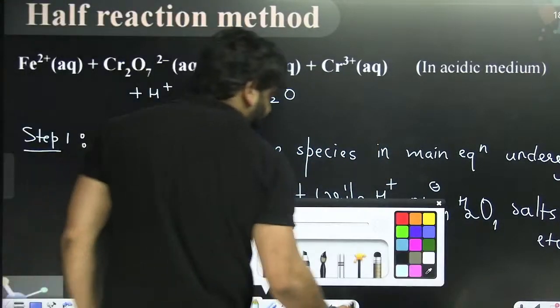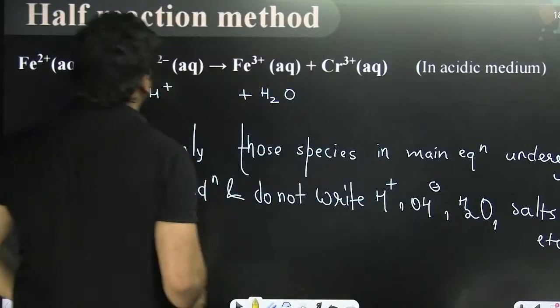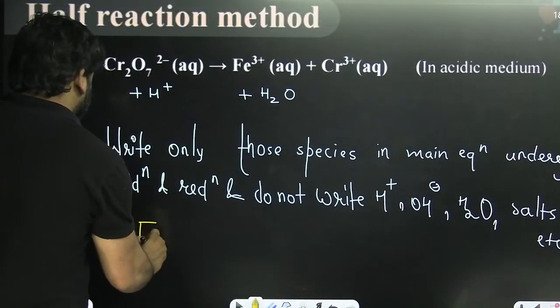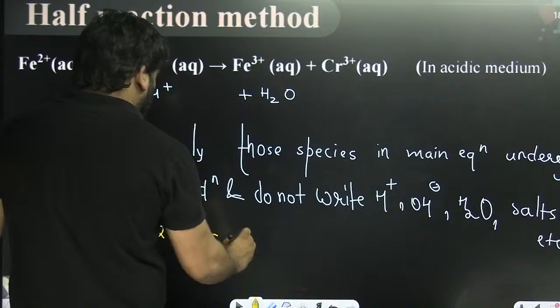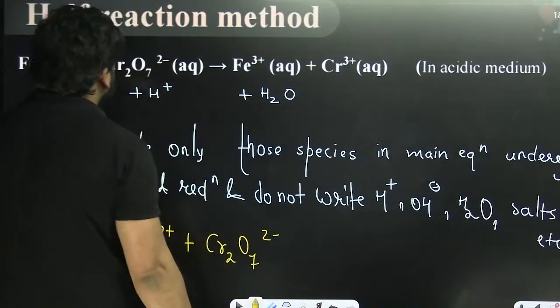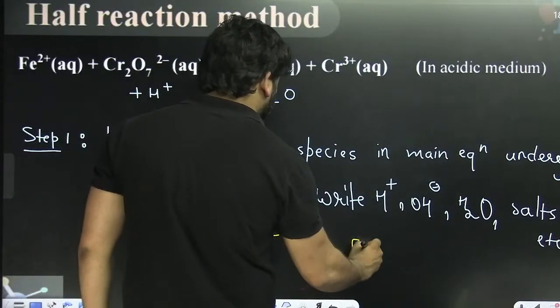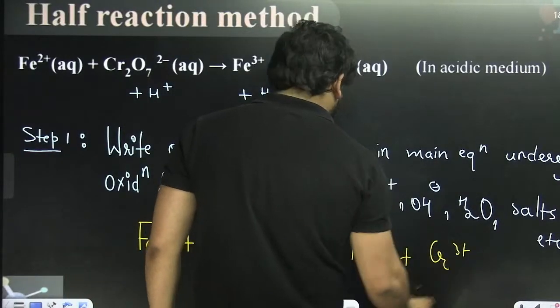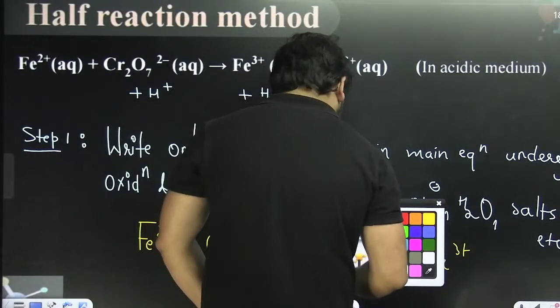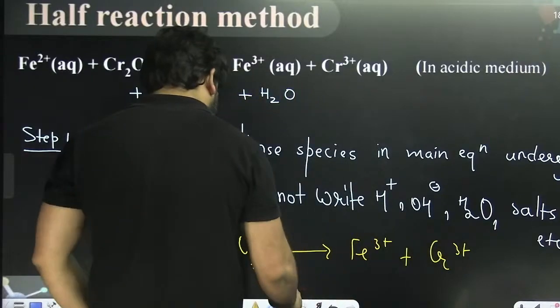So according to the first step, you simply write it this way: Fe2 positive plus Cr2O7 2 minus, giving you Fe3 plus and Cr3 plus. That is the first step. We got it till here.